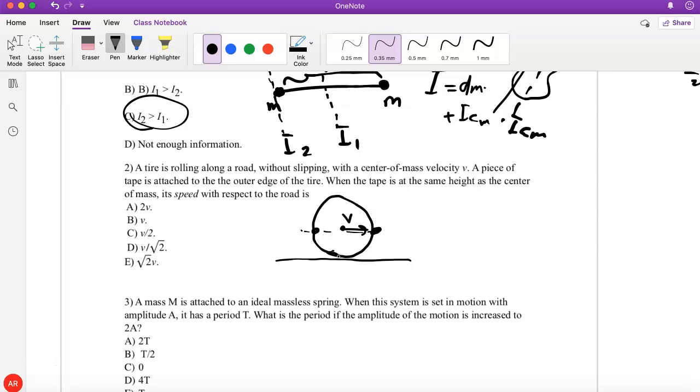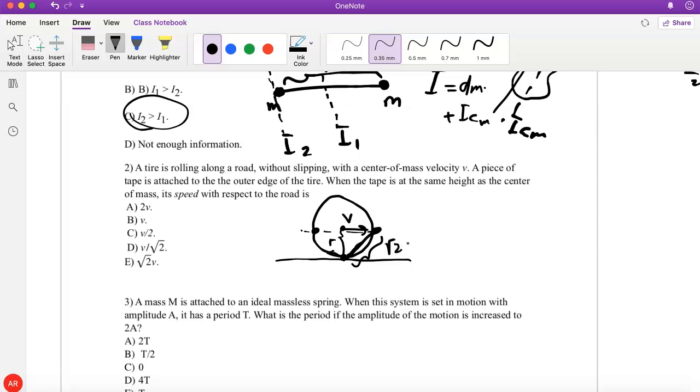Okay. So remember, rolling without slipping means the point of contact is an instantaneous axis of rotation. Instantaneously, it looks like everything is rotating around that point. So let's say I have a radius r. This distance from here to here is going to be the square root of r squared plus r squared.